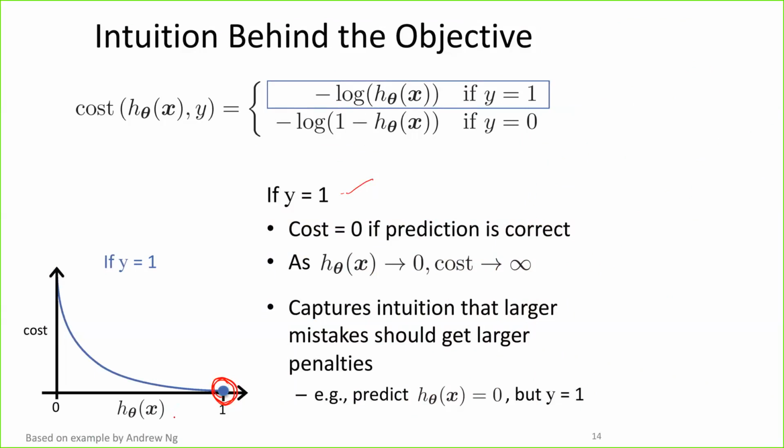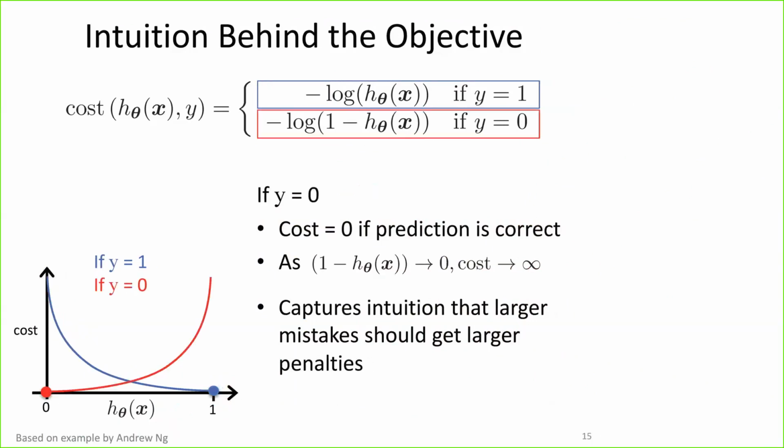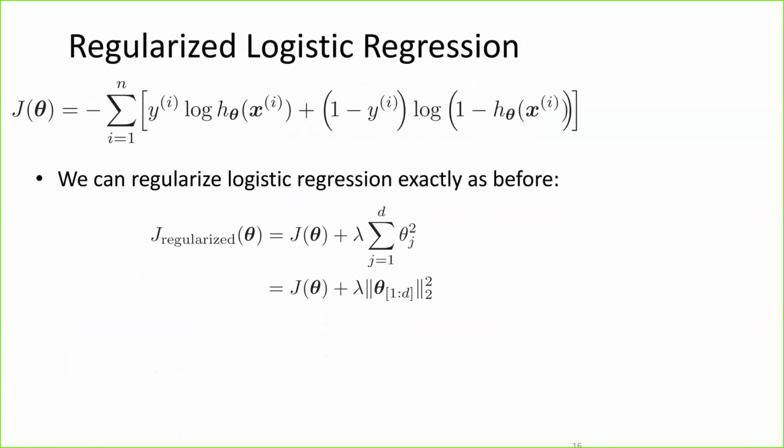As h theta of x moves towards 0, the cost moves towards infinity. Similarly, when y equals 0 and h theta of x equals 0, you're adding a 0 penalty. As h theta of x tends towards 1, your cost function tends towards infinity. That's the intuition behind this objective function.